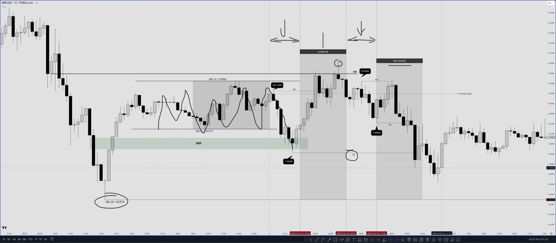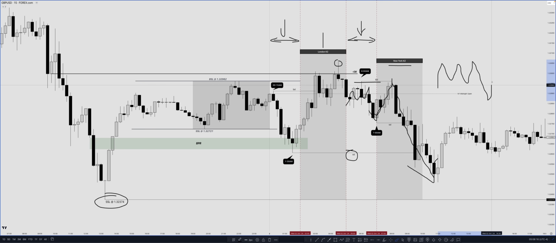So this is exactly what happened here. Notice price builds liquidity, gave the move lower, but we don't follow right away because we want to see buy side get taken out. Then it eventually climbs higher, takes out the buy side, and then it starts dropping. So this is the exact same situation right here, just on a bigger picture, and here we have a smaller example of the same movement.